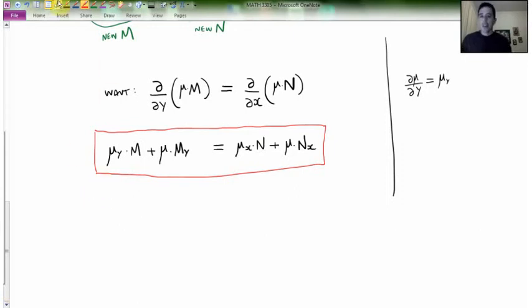So our assumption is that the mu function is either a function of x or a function of y.